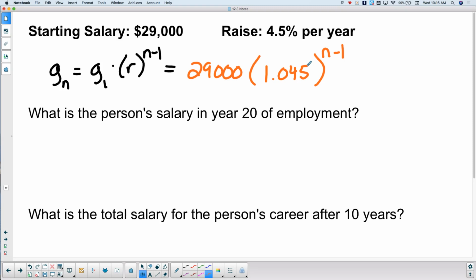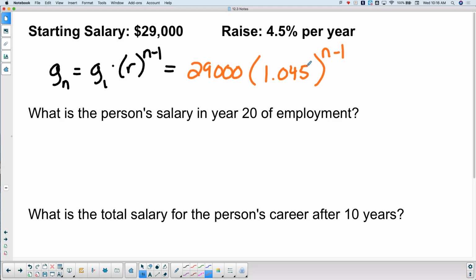Yeah. Okay, so we came up with this one by going 1 plus our rate, right? Well, our rate in the decrease example is subtracting, or negative 5%. So that would be negative 0.05. So 1 plus negative 0.05 is 0.95. Okay? So, thinking back to mathematical logic, if we're growing, this R value has to be bigger than 1. If we're decreasing, it's got to be less than 1.